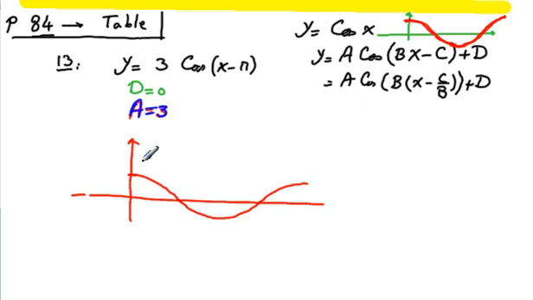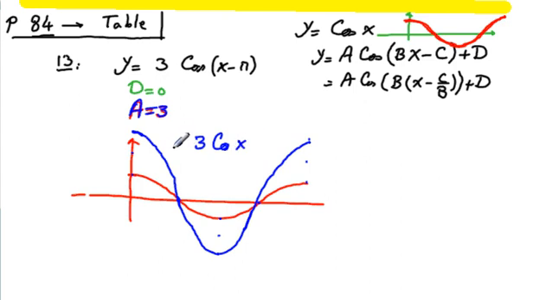When you say amplitude is 3, every height becomes triple of whatever it was. So 1 becomes 3, 0 stays as 0, minus 1 becomes minus 3, 0 stays as 0, 1 becomes 3. So if I had 3 cosine of x, the same picture would have been looking like this. So far we have 3 cosine of x.